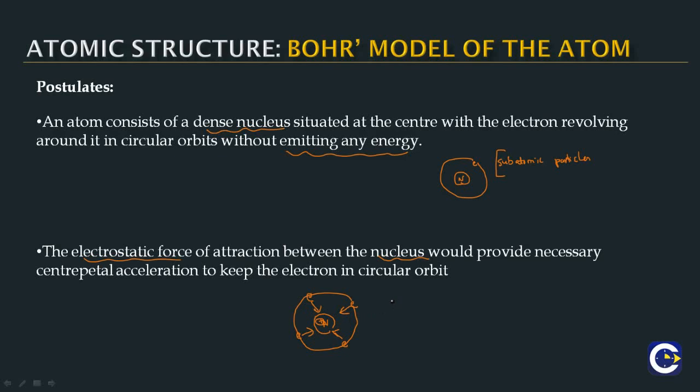In terms of force balance, the centripetal force required to keep a particle in circular path is mv square by r, which means this centripetal force must be equal to the electrostatic force acting on the electron. So this is the second important assumption of Bohr's model.